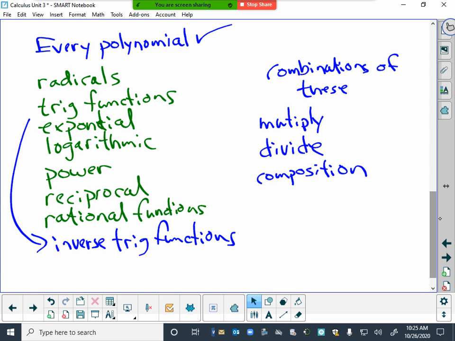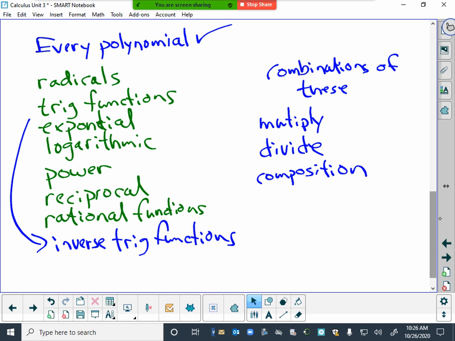We already took care again of the adding or subtracting. The multiplying, dividing, and composition, we're going to kind of blend in as we go, and we'll be able to do those kinds of combinations before we necessarily know what the derivatives of all of these different kinds of parent functions are. Okay? And I will tell you, there are some functions coming that we have never seen before.